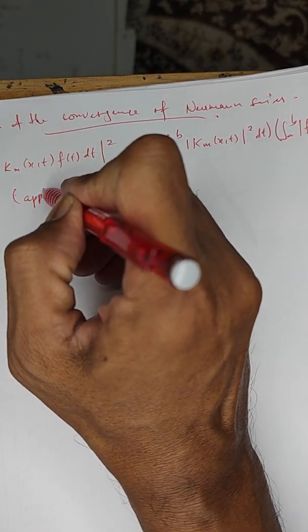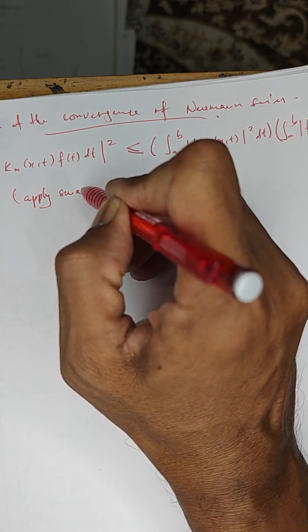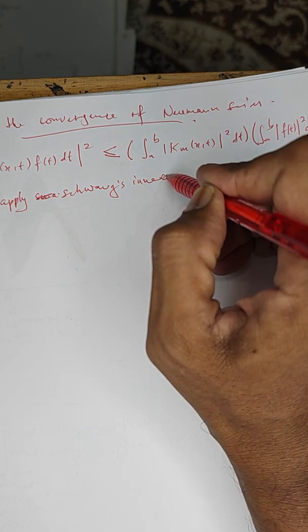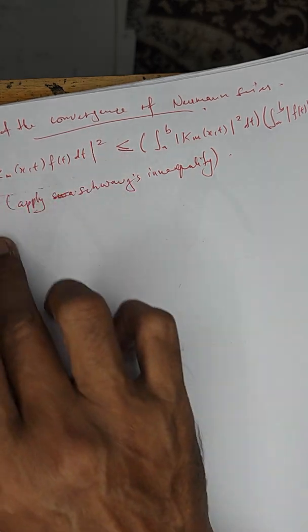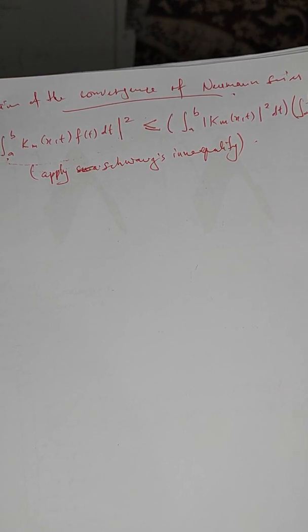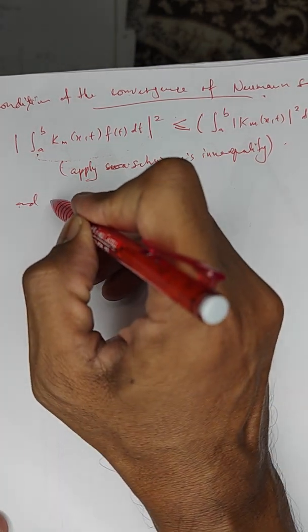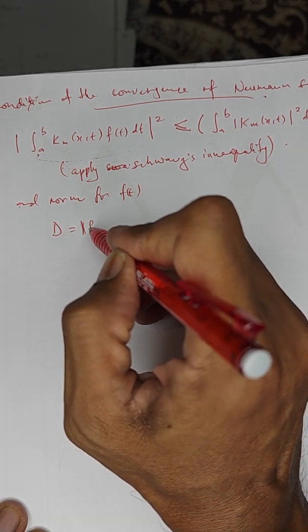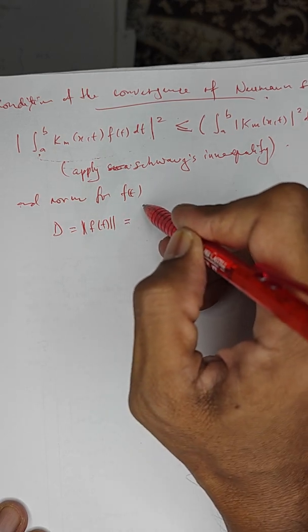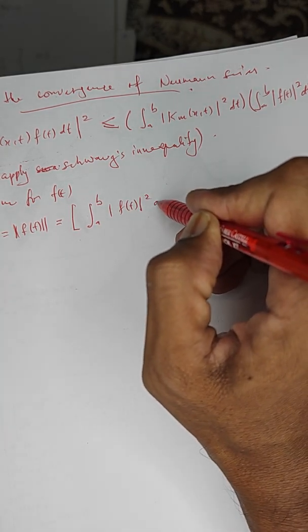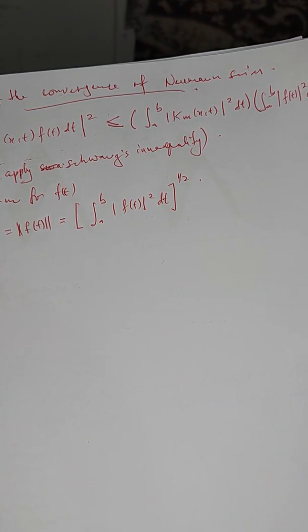So here we apply the Schwarz inequality to those terms. We can write the norm of f(t), denoted d, as the integral from a to b of f(t) squared dt, to the power one half. That is the definition of the norm.